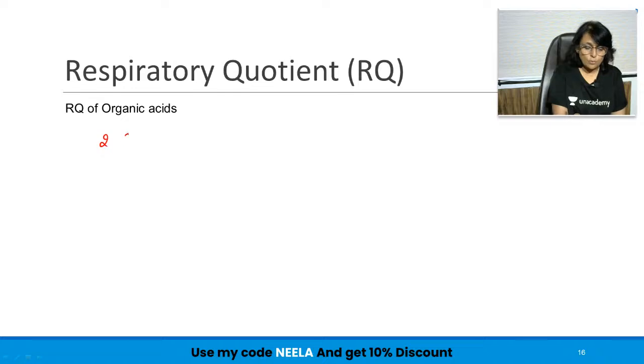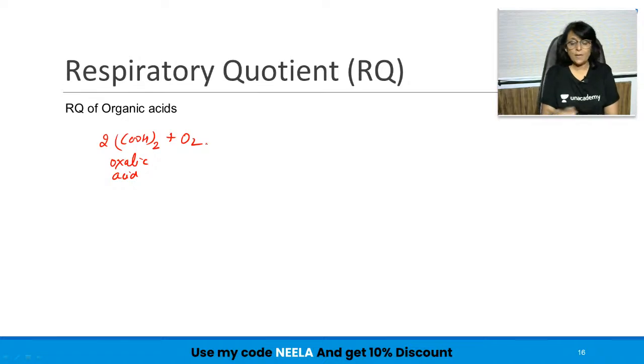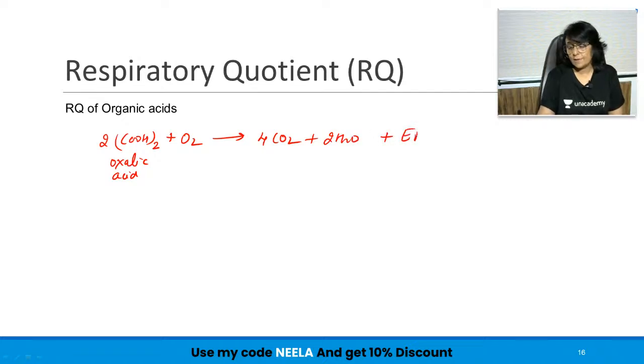2 molecules of oxalic acid undergo aerobic breakdown to give you 4 carbon dioxide molecules, 2 water molecules and energy. Okay, our formula for RQ is CO2 upon O2.